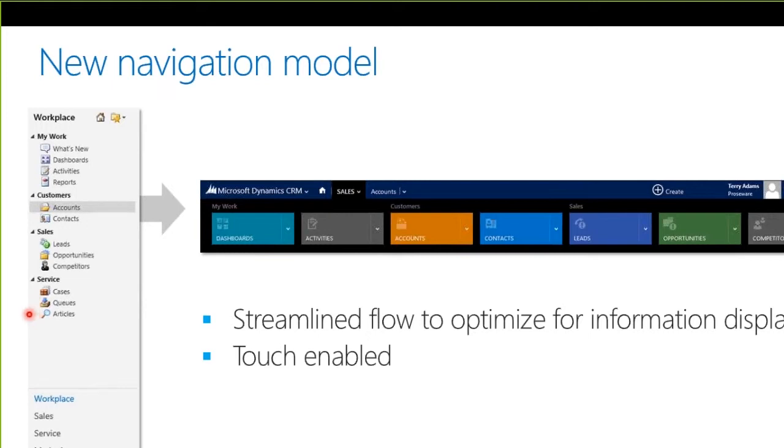They've also changed the navigation model, where on the old system, on the left-hand side, you would be working with a pane which was always there, and it would take up screen space. You'd be able to access your customers, your sales, or your support cases on the left-hand side.